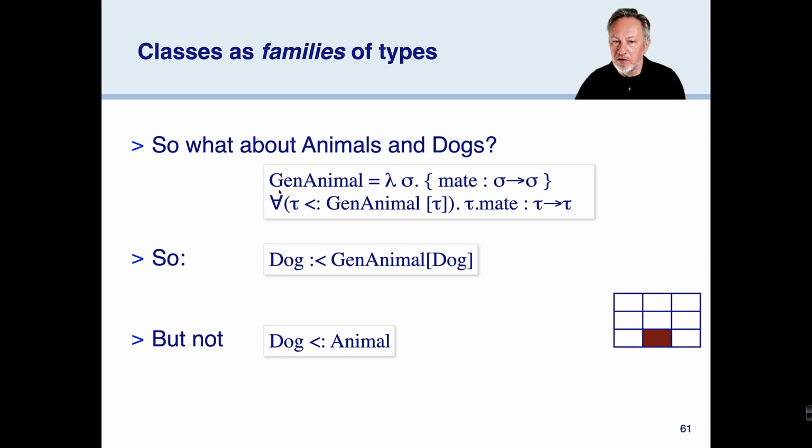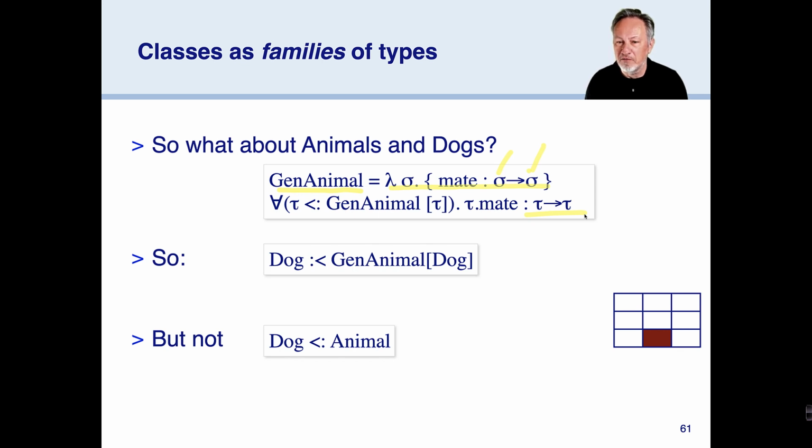So animals and dogs again, we have gen animal, and gen animal is an ordinary lambda. It'll generate a type with a mate method, okay? And the type is a parameter here. So for all types tau, whatever they be, gen animal, if we look at its mate method, it's going to be compatible with tau arrow tau.